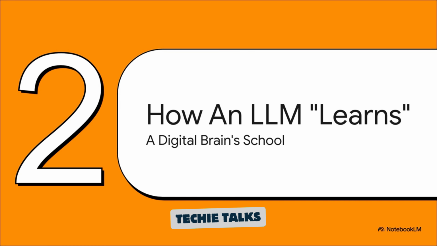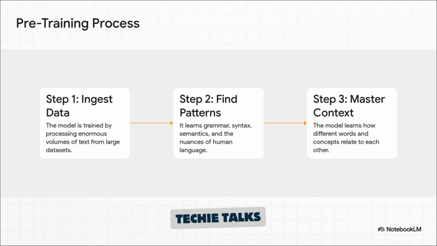All right, so you've given this machine access to pretty much the entire internet and then some. But how does it learn from all that data? The best way to think about it is like a super fast, super intense school for a digital brain. This is what we call the training process, and it's absolutely crucial. So this all happens in a phase called pre-training. Step one, it ingests all that data. It basically speed reads everything we've ever written.